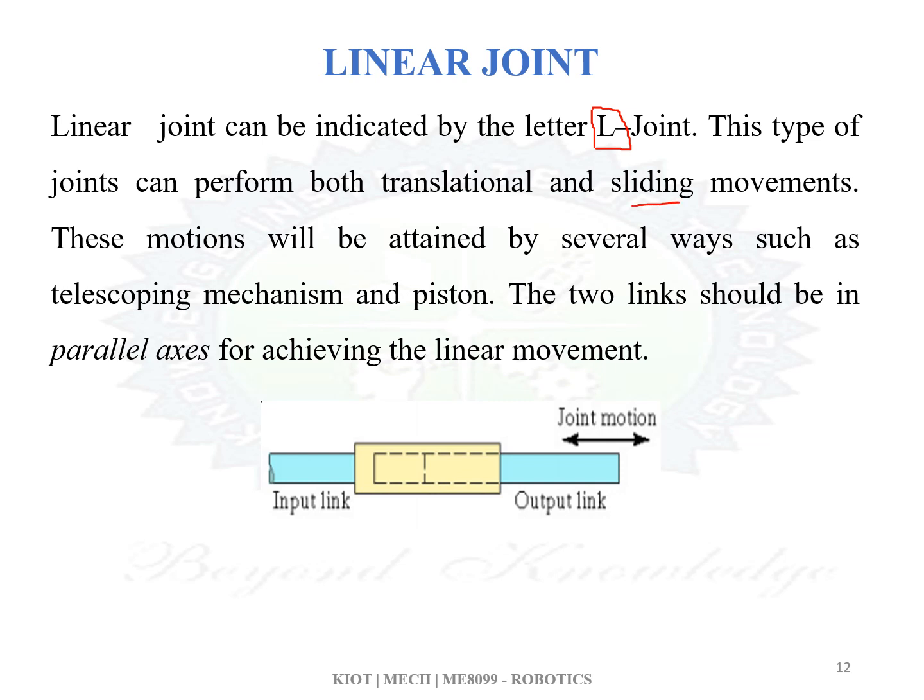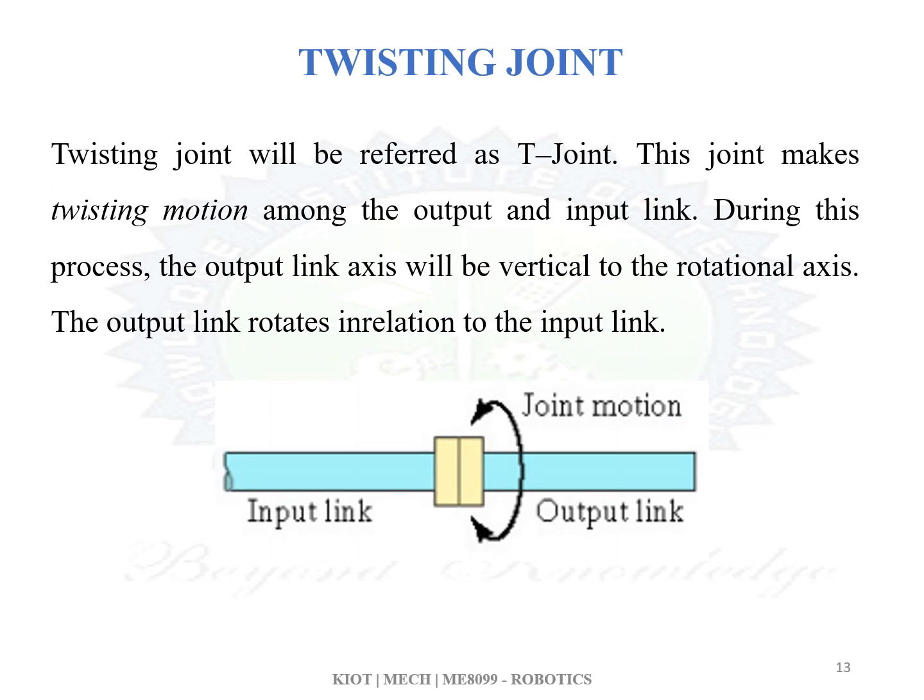Next, coming to the twisting joint, here capital T. A twisting joint creates a twisting motion. Here is your input link, and this is the input link's axis.